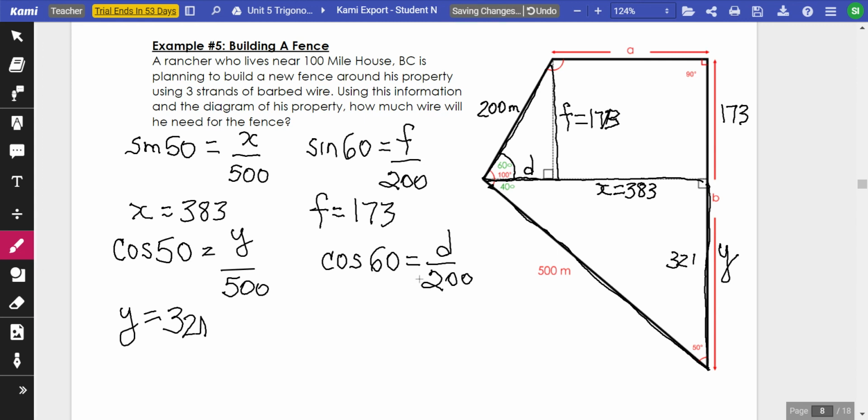Multiply cosine 60 with 200 and you get D equals 100. Okay, so this is 100 in here. Now if this total is 383 and this is 100, that means the distance from here to here must be 383 minus 100, or 283, which is the side A.